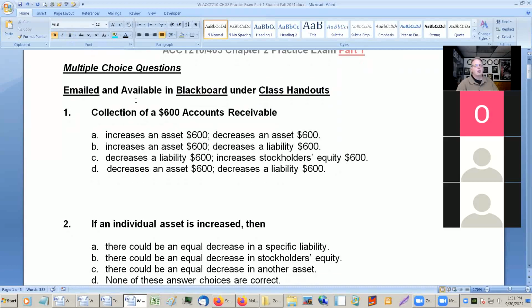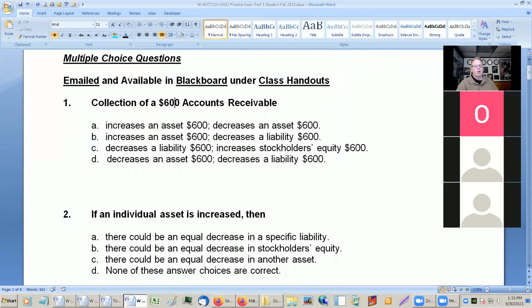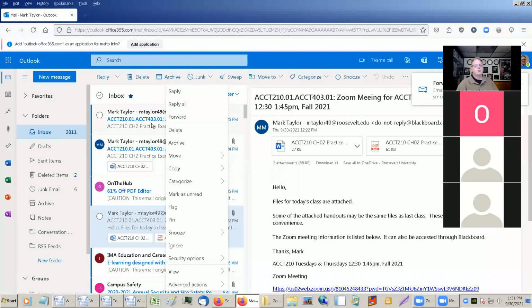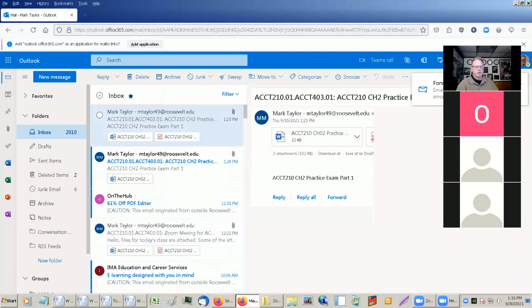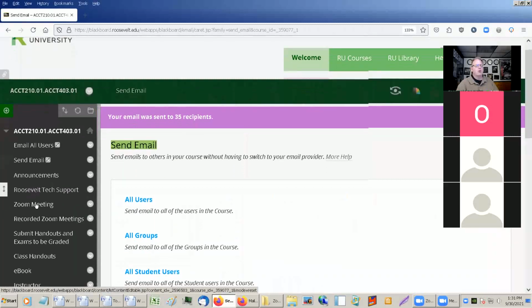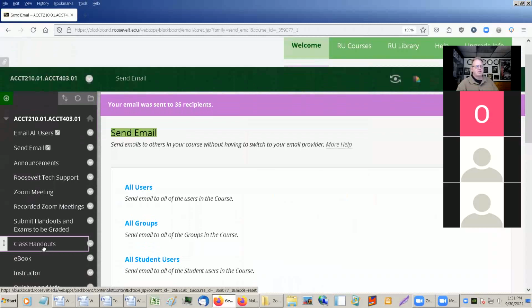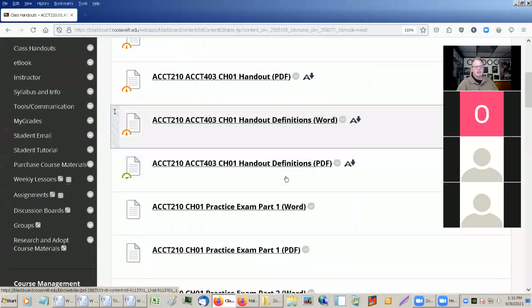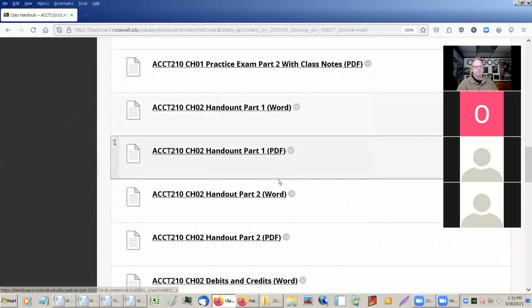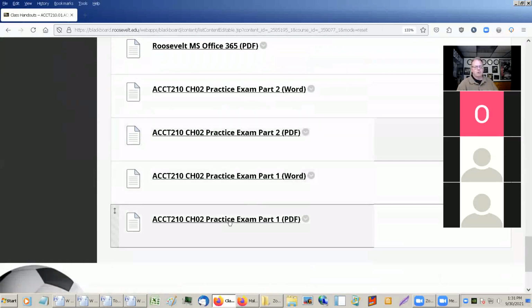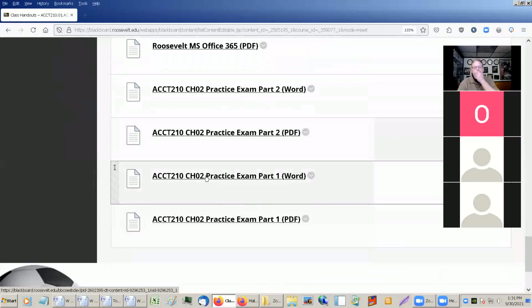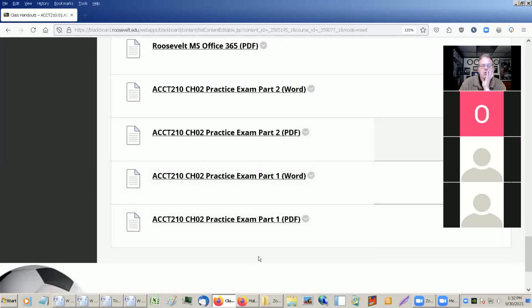I don't see it in my email. It should be in there twice. You can go into Blackboard, class handouts, the very last thing. Practice exam.